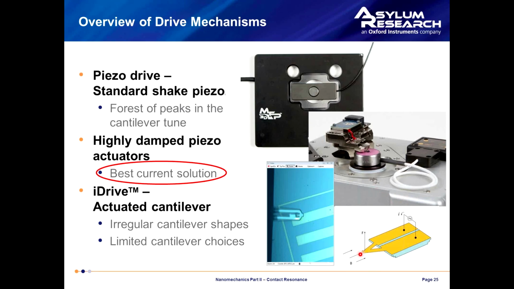Unfortunately, as you can see, there's legs here, and there's an image here of another silicon cantilever like this. Because you're driving a current through a wire, it's like the LTA cantilevers I talked about before. The cantilever shapes tend to be very irregular, which, as Donna told you, is not very good for trying to make the measurement quantitative, and certainly getting a modulus out is very difficult. The other side of it is that you have very limited cantilever choices on this.